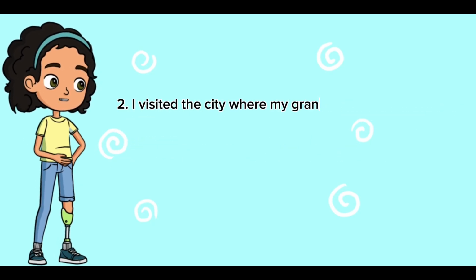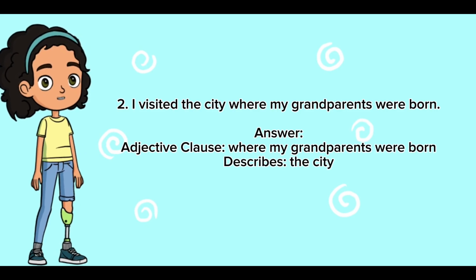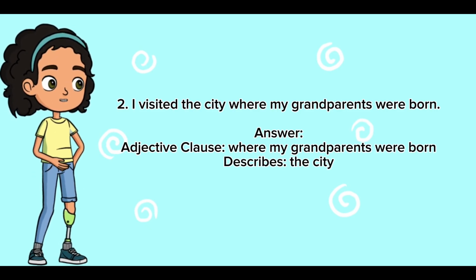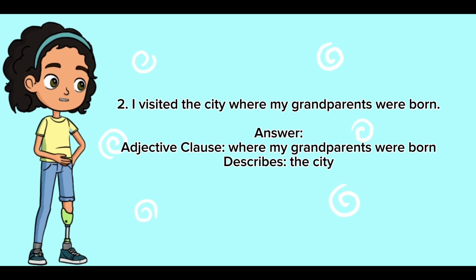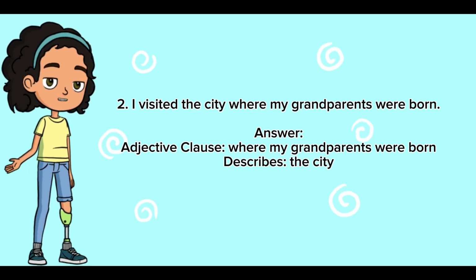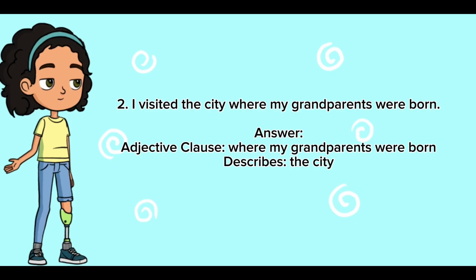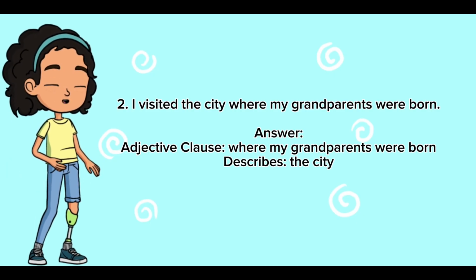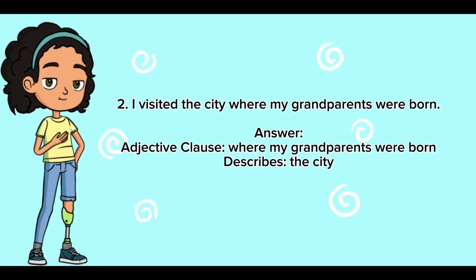The second question is: I visit the city where my grandparents were born. The adjective clause is where my grandparents were born. Meanwhile, what it describes is the city.